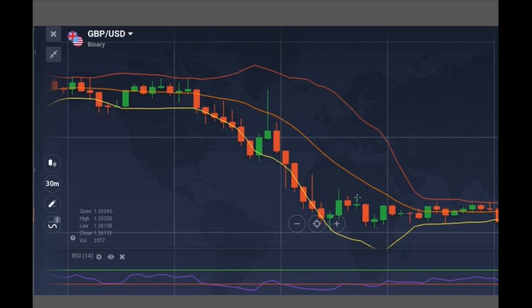It's telling you that there's a great price rejection on the lower surface. You can see that there's a price rejection below this level, and that gives you confidence that price will not retrace back to the downtrend.